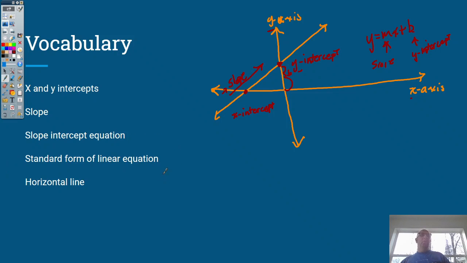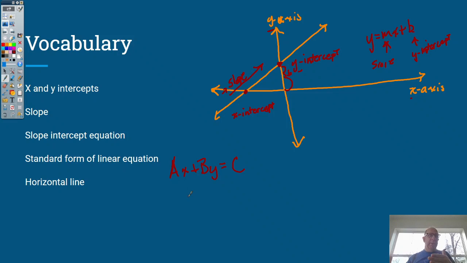The standard form of a linear equation is ax plus by equals c. Why they have a standard form and a slope-intercept form is a question for another time, but they have two different forms of the equation. They're the same equation, just different forms.